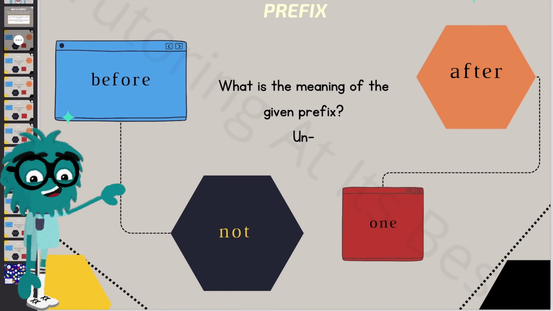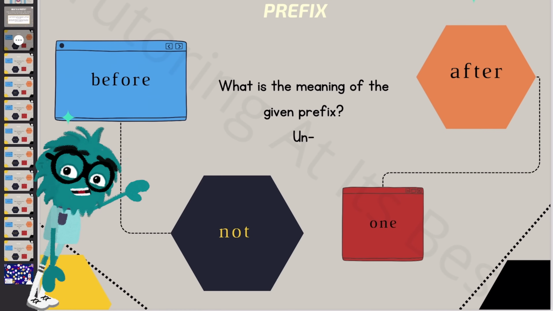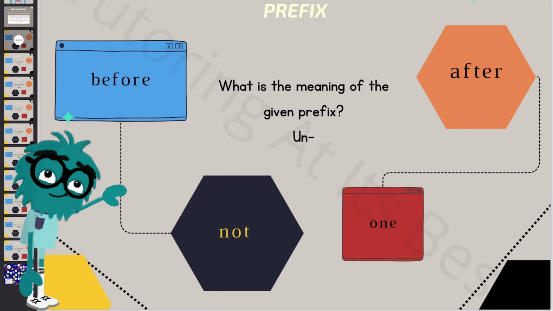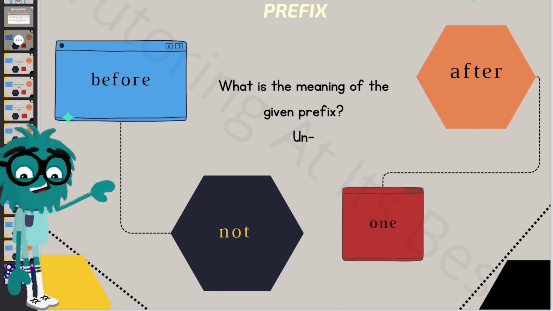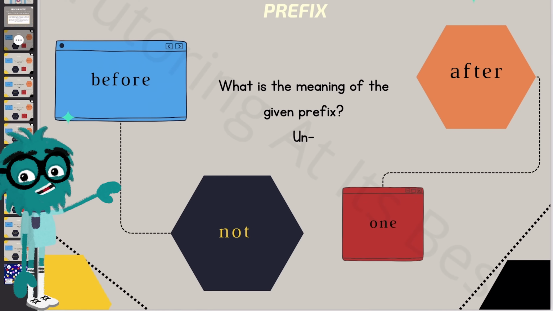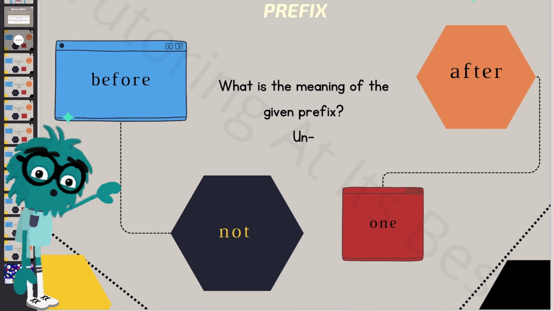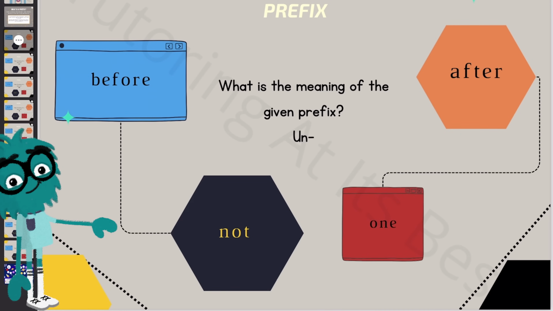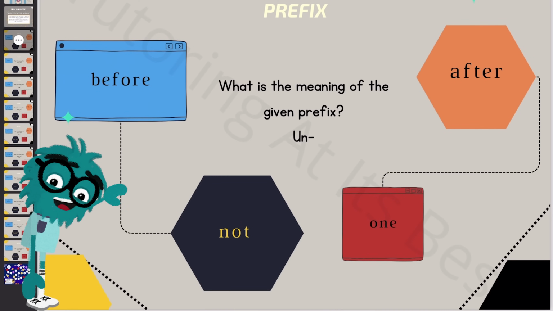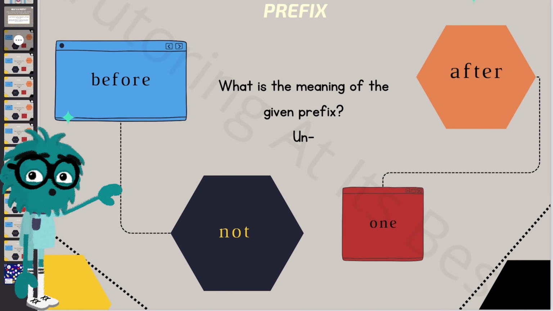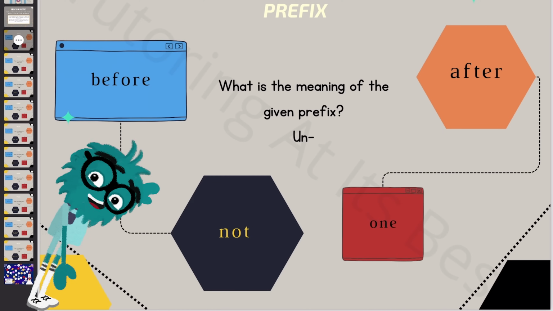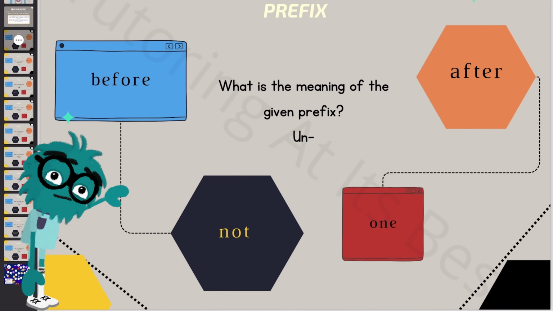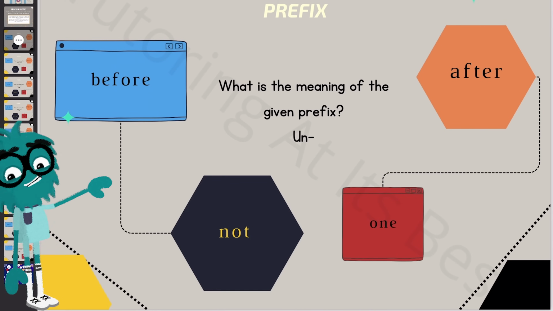There are also other prefixes that mean the same, but un means not. Besides un, we also have in as in inadequate, il as in illiterate, or even im as in immoral. So learn these prefixes and their uses. So the meaning of un is not.